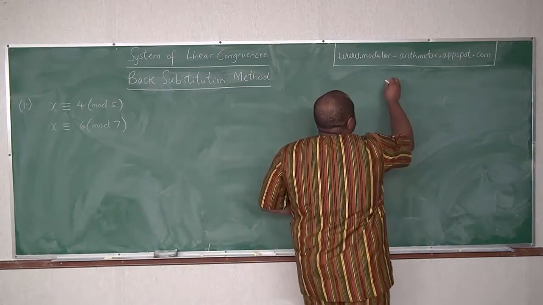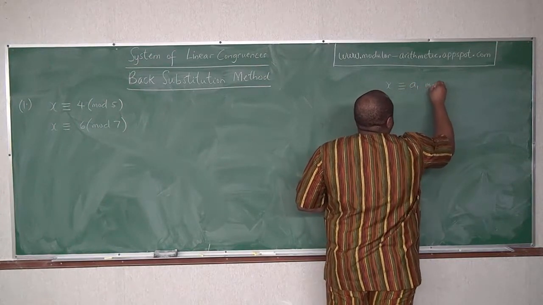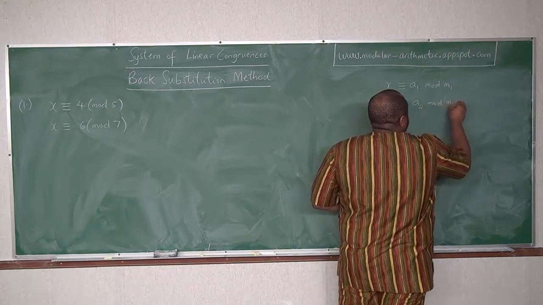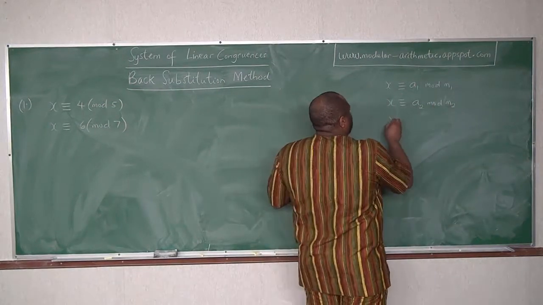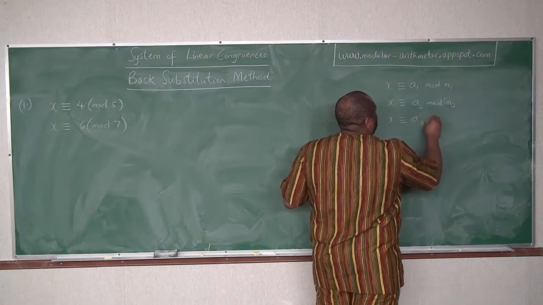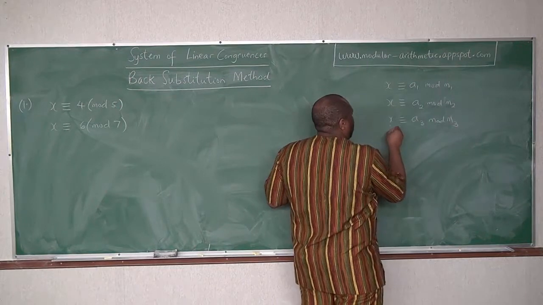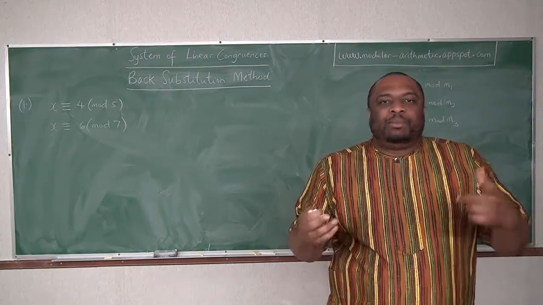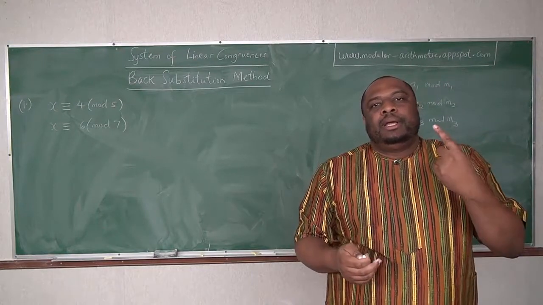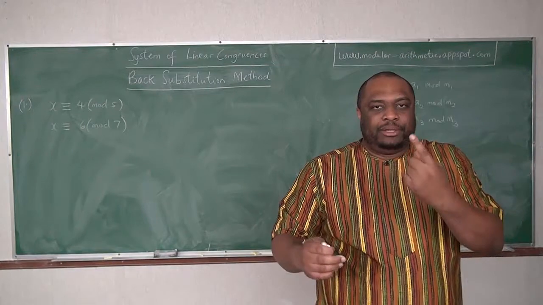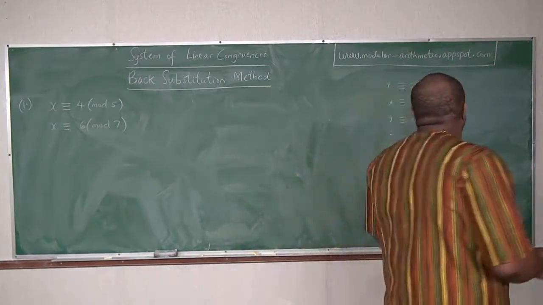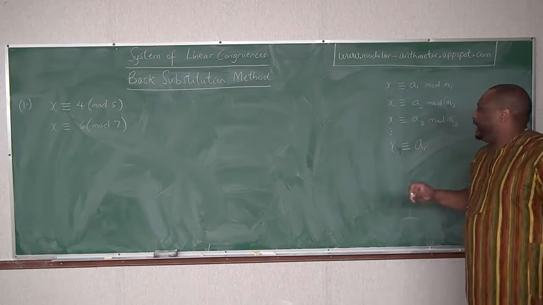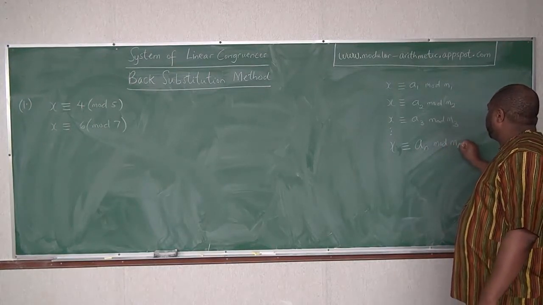So when we have x congruent to a1 mod m1, x congruent to a2 mod m2, x congruent to a3 mod m3, up to x congruent to a subscript n mod m subscript n, it is a system of linear congruences because it's more than one congruence. It could be as many as you want.